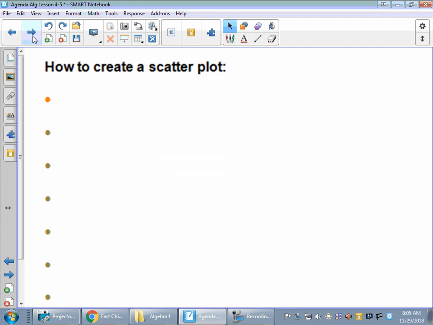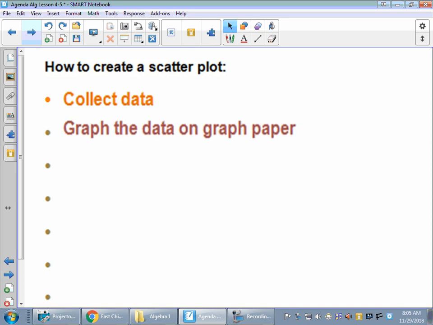All right, how to create a scatter plot. And then we're going to do our practice problem, our lesson summary and practice problem as one of our practice problems here. So the first thing we have to do is collect the data. I will provide that for our practice problem lesson summary. Whatever data we have, that's what we'll do. And then we're going to graph the data on graph paper.